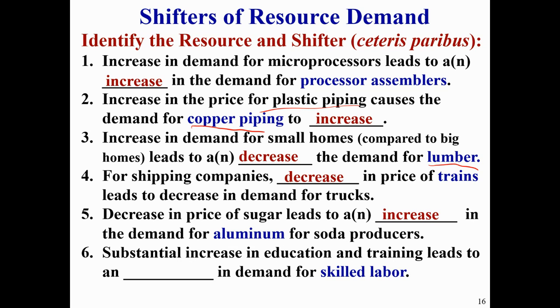If there is a decrease in the price of sugar, it means there was an increase in demand for sugar. If there was an increase in demand for sugar, there will consequently be an increase in the demand for aluminum, also for soda. Okay, substantial increase in education and training leads to an increase in demand for skilled labor.